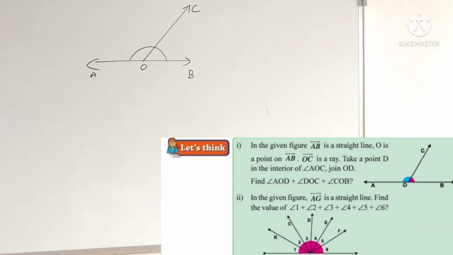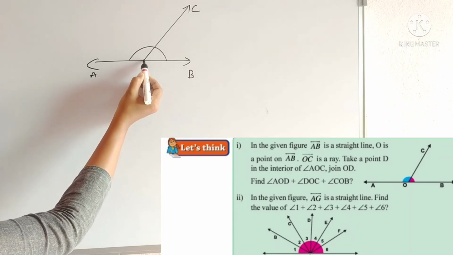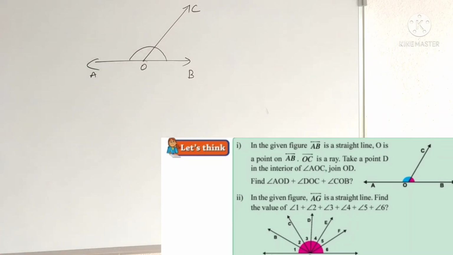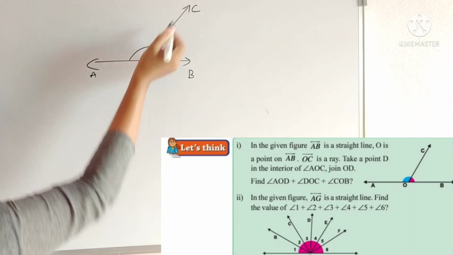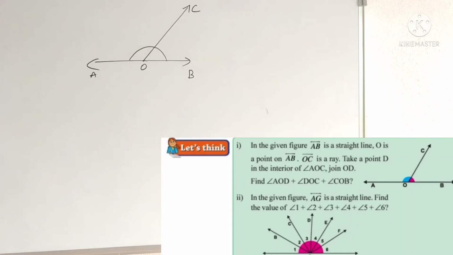Now on the same page, another question. In the adjacent figure, AB is a straight line, O is a point on AB. OC is a ray. Take a point D in the interior of angle AOC.